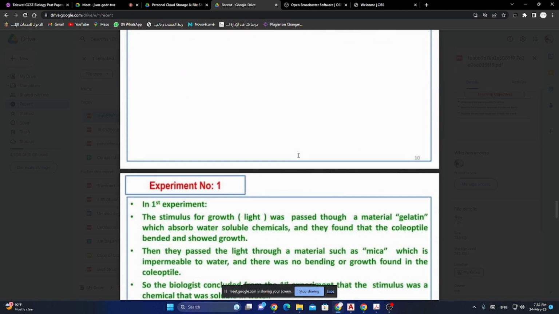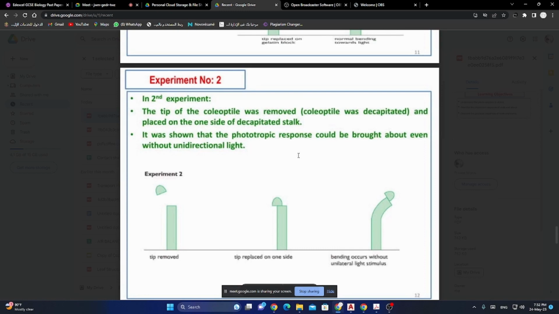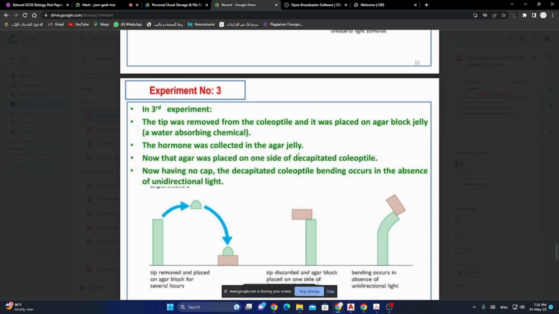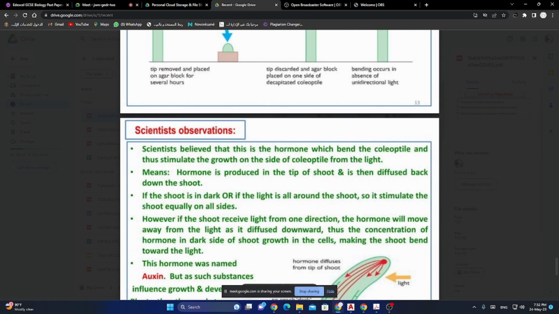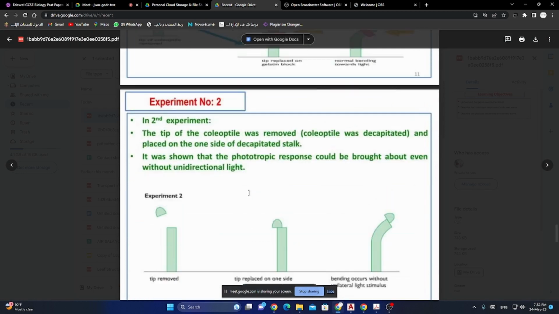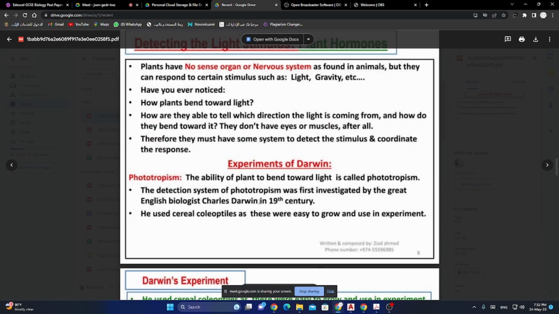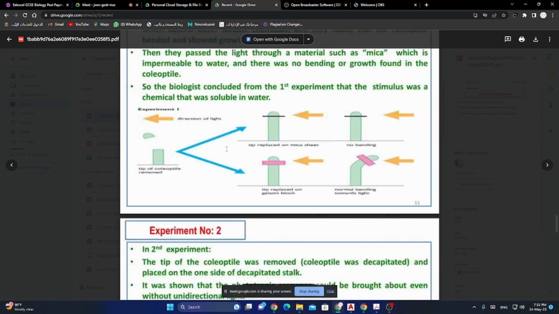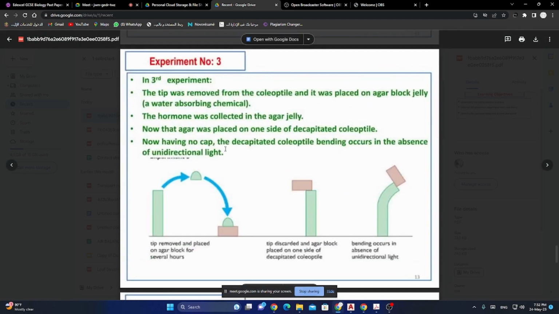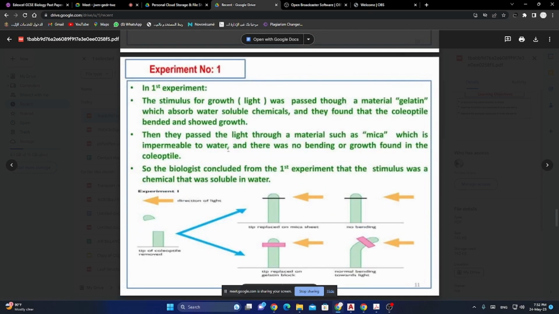Did they mention auxins and stuff here? Ah, they do. Okay. So I forgot to include it here. Let's go down here. Okay.